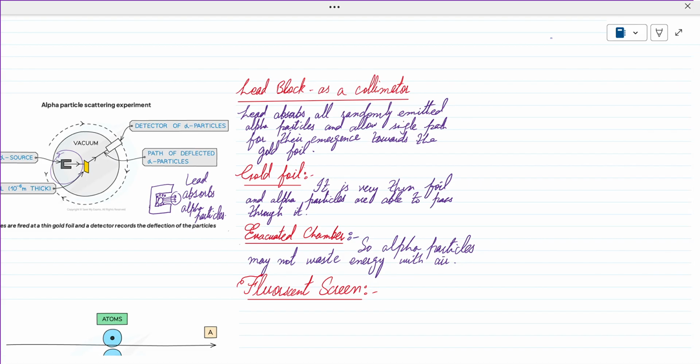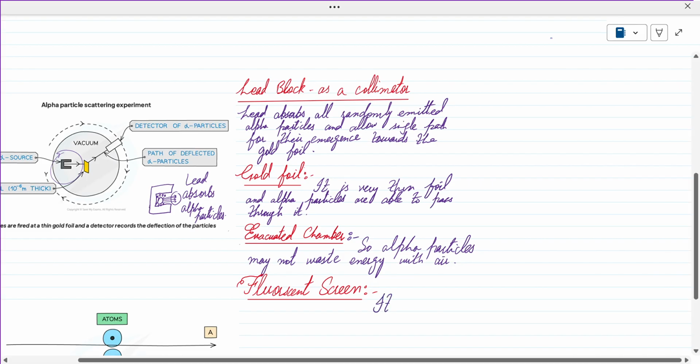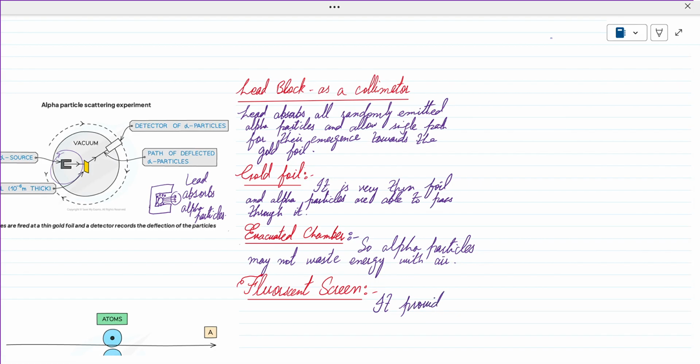The fluorescent screen provides the position where alpha particles hit the screen.